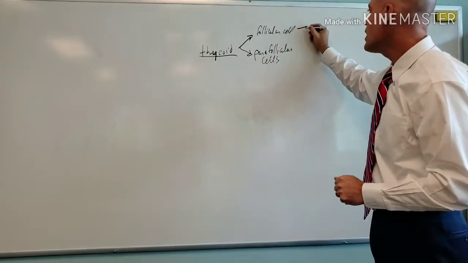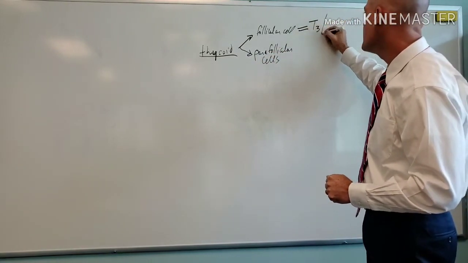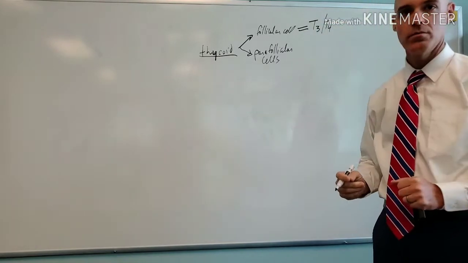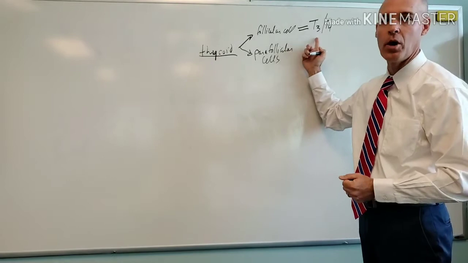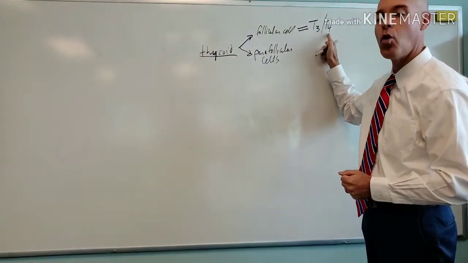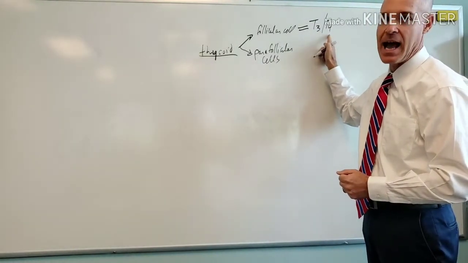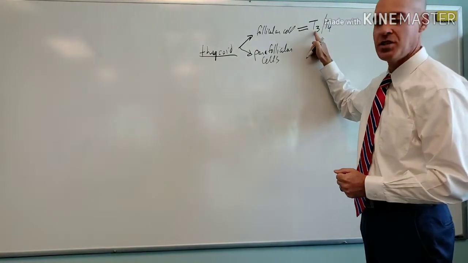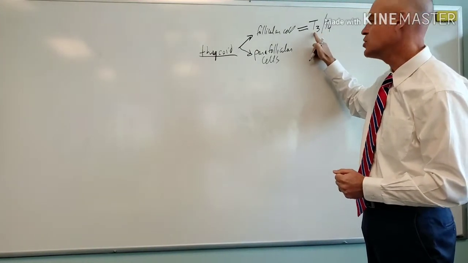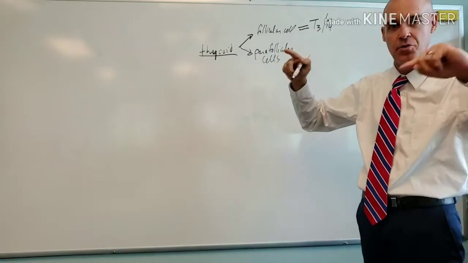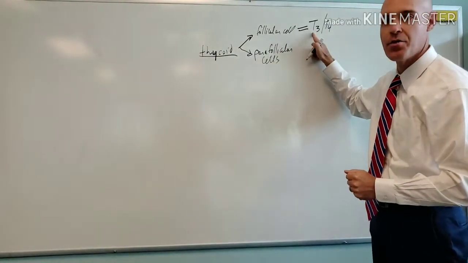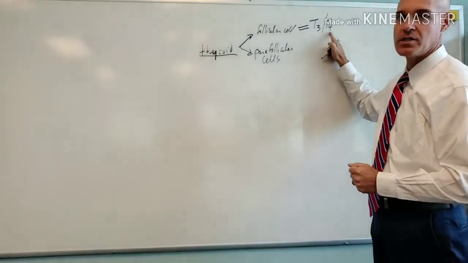The follicular cells make T3 and T4. Okay, that's what are typically referred to as thyroid hormones. The 3 and the 4 refer to the iodine atoms that are in the T3 and in the T4. This is triiodothyronine. So that literally means 3 iodines, right? Triiodothyronine. And this one's referred to as thyroxine.